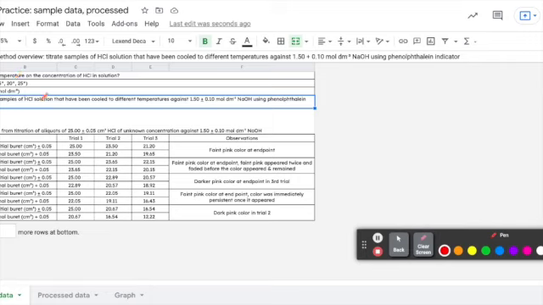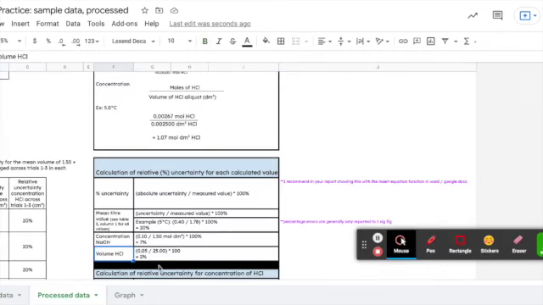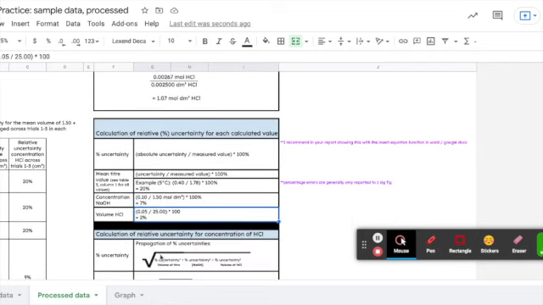It could have been a pipette, graduated cylinder, volumetric flask, any of those things. But you reported that the uncertainty was plus or minus 0.05. That will be the same for all of your trials, because your volume of HCl was the same for all of your trials. So I find those three percentages.